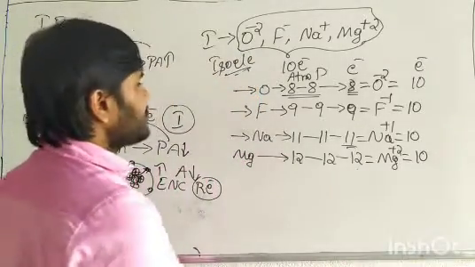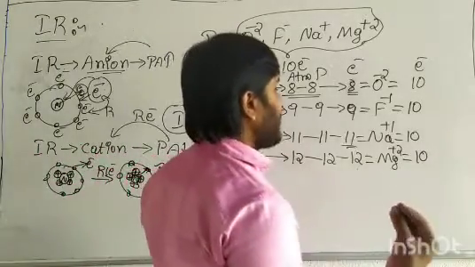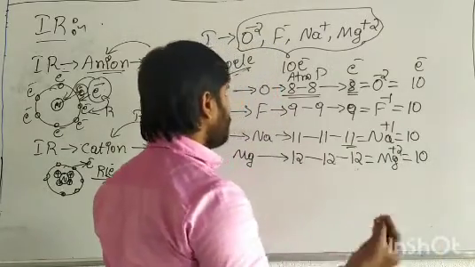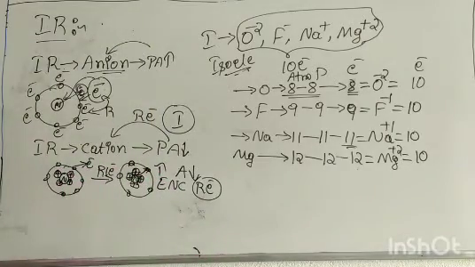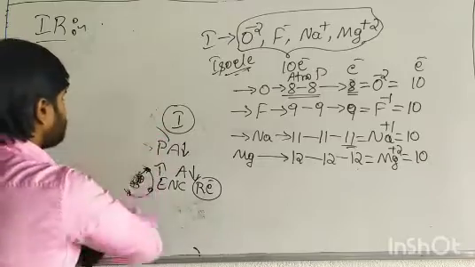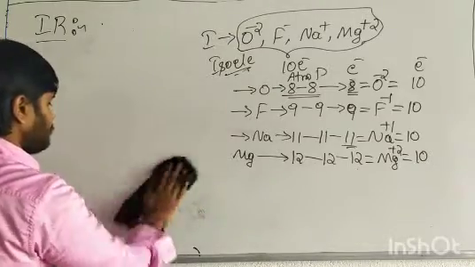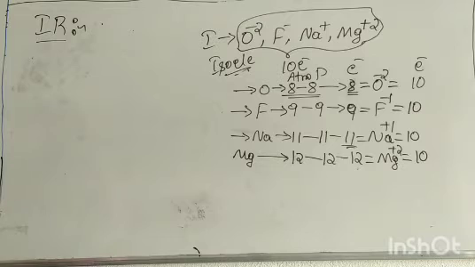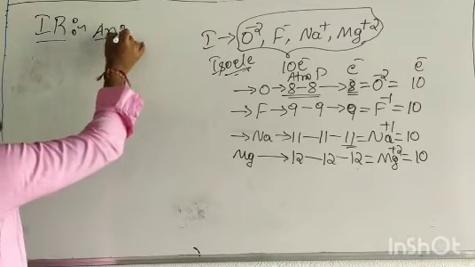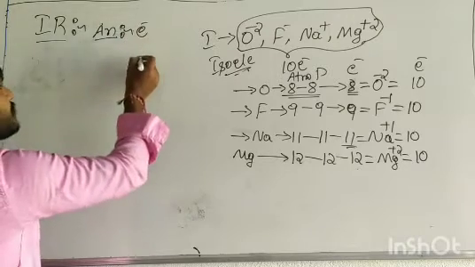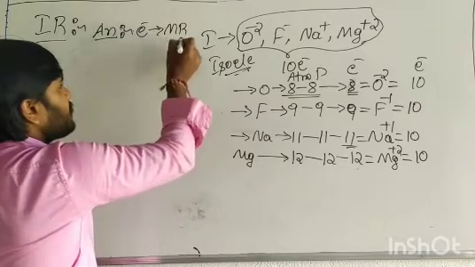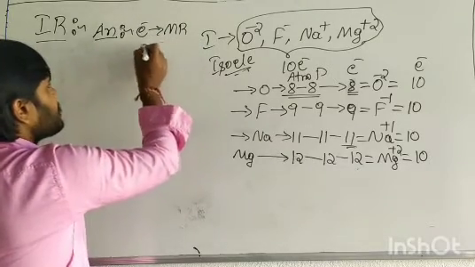Here, guys, in this kind of situation, which one will have the highest ionic radius and which one will have the lowest ionic radius? That is the next concept. You know that in anions, since we are adding electrons, more repulsion develops.